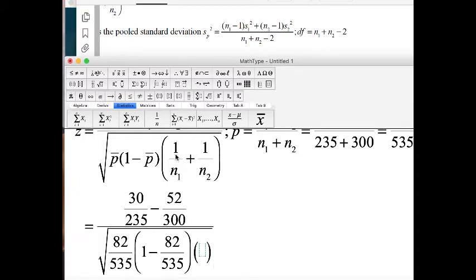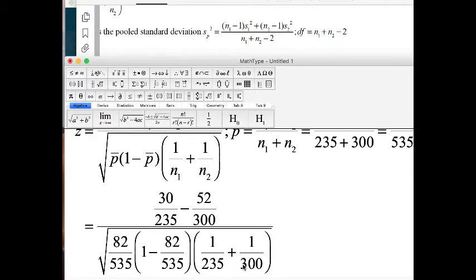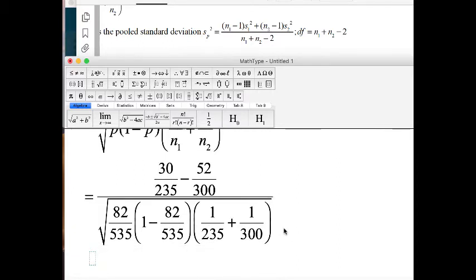And then it's just going to be the reciprocal of the sample size. And here are the sample sizes, 235 and 300. So it'll be 1 over 235 plus 1 over 300, and compute what that z-score is.